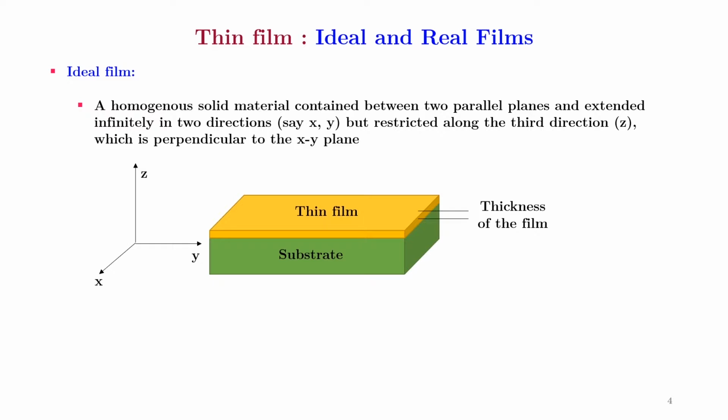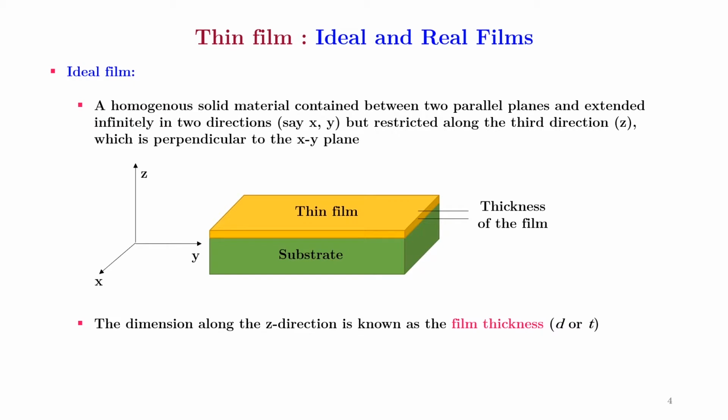In this case, it is shown to be along the z direction. The dimension along the z direction is known as the film thickness, and it is most commonly indicated by d or t. Its magnitude varies from a limit of d tending to 0.